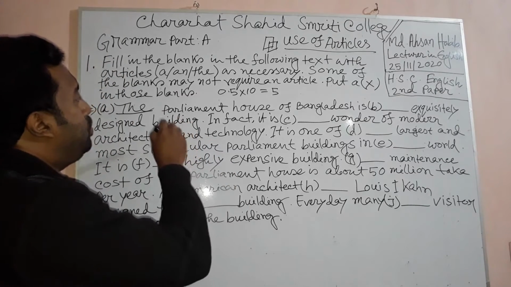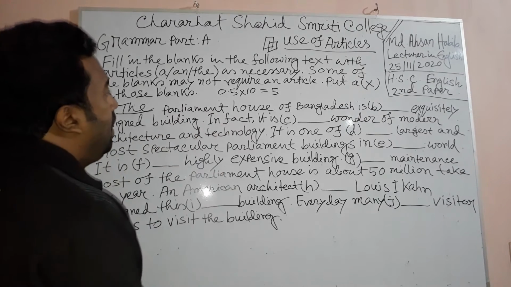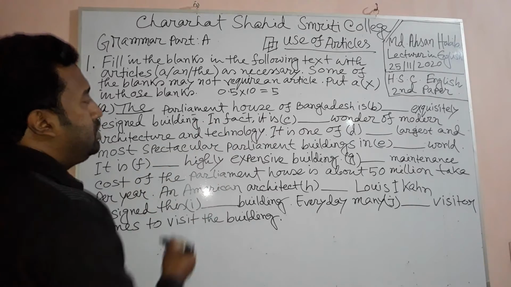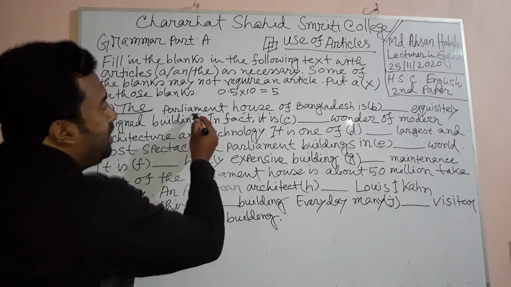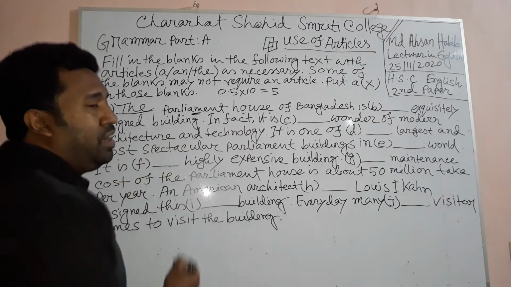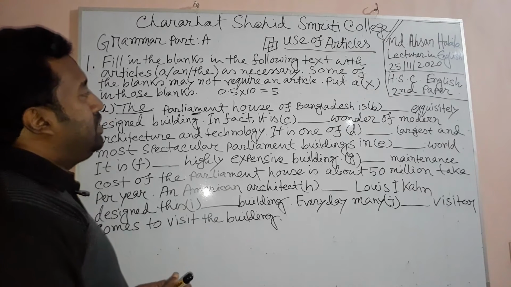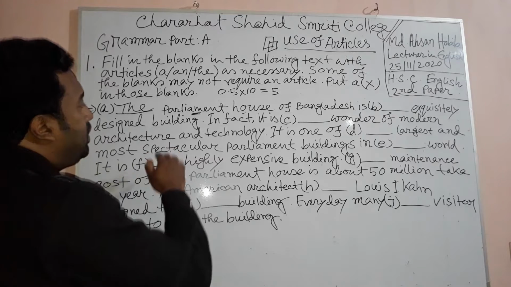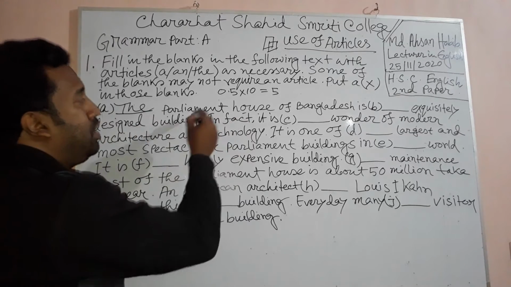We put articles before a noun. It's actually a noun adjective, it works like a noun adjective. We will discuss that later, but we have to know that articles sit before a noun.